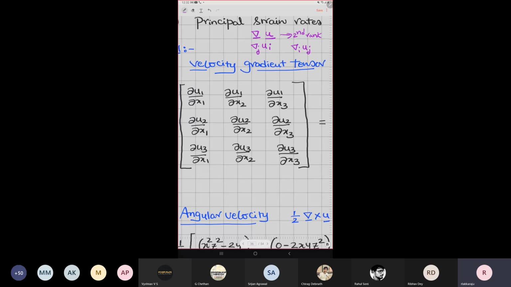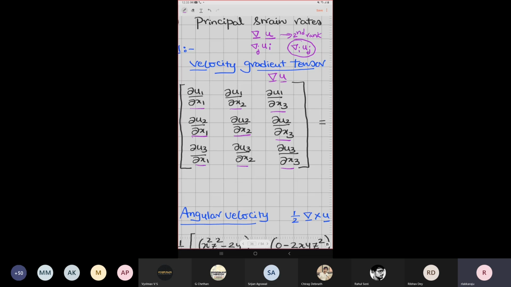So del u1 by del x1, del u1 by del x2, del u1 by del x3, and del u2 by del x1, del u2 by del x2, del u2 by del x3, del u3 by del x1, del u3 by del x2, del u3 by del x3. This entire template is what we call velocity gradient tensor. It is not divergence. Divergence means dot is there.